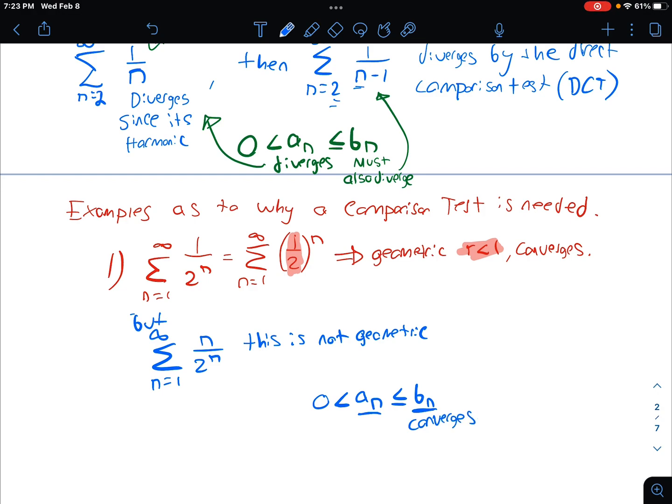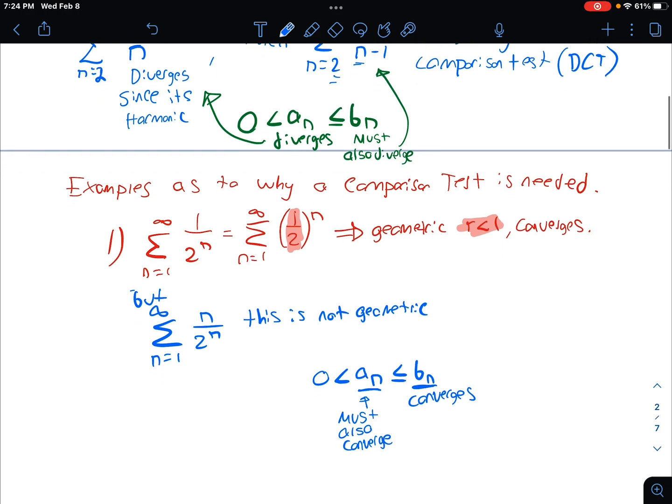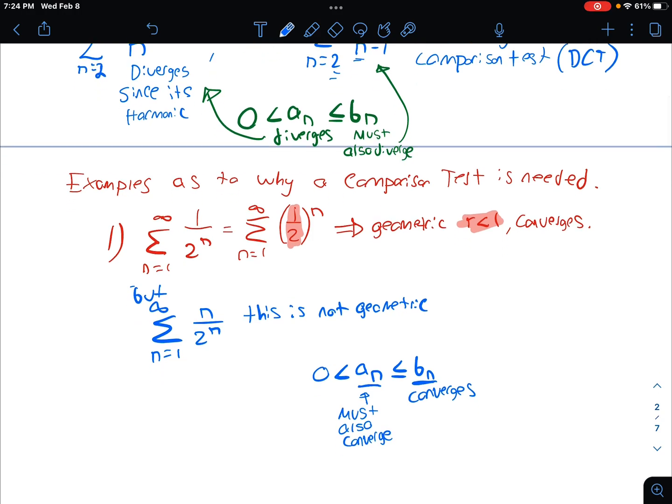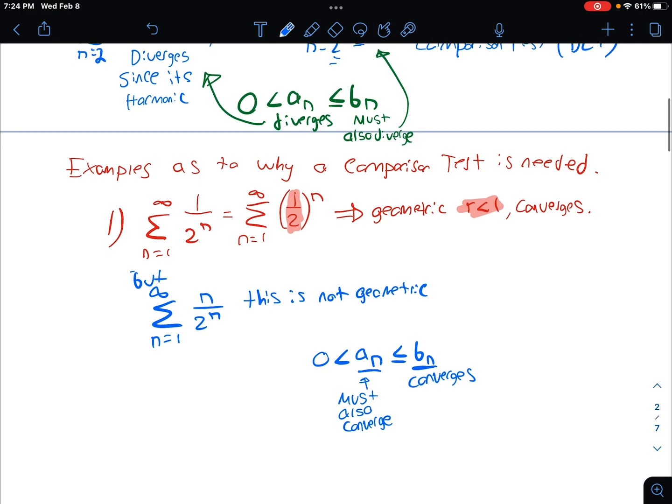And if this converges, then what we know is this a sub n must also converge since it's smaller. Okay? If it's smaller than a larger series that we know converges, then it must also converge because it's smaller than it.